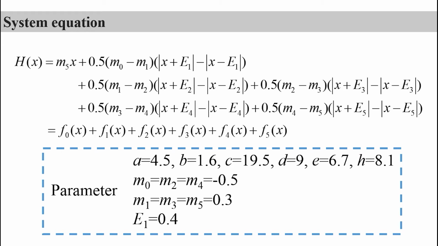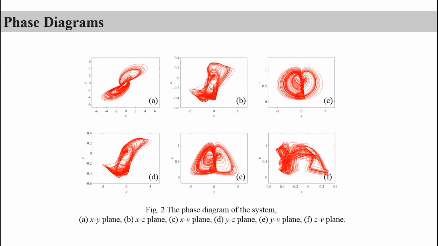The first turning point value E1 is 0.4. The interval value is 0.1. When the step length is 0.01 second, the Lyapunov exponents of the system are as shown, and the phase diagram of the system is shown in Figure 2.